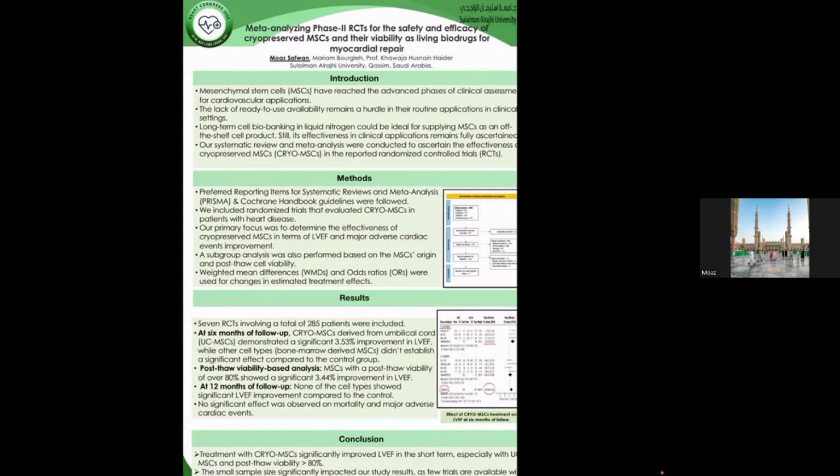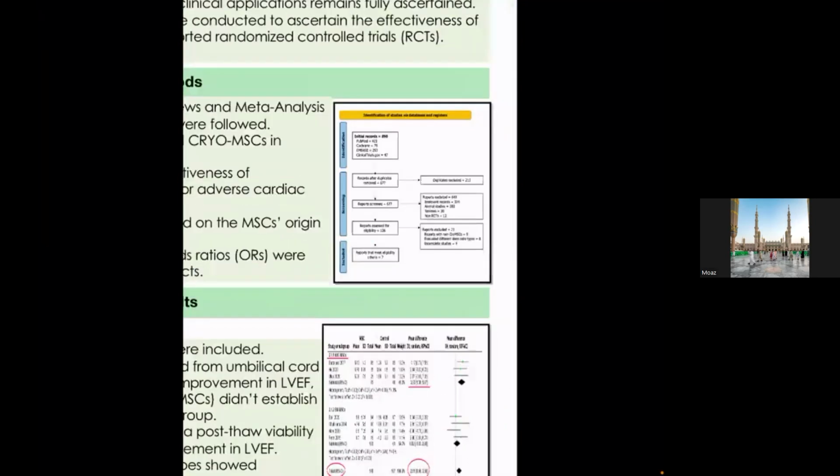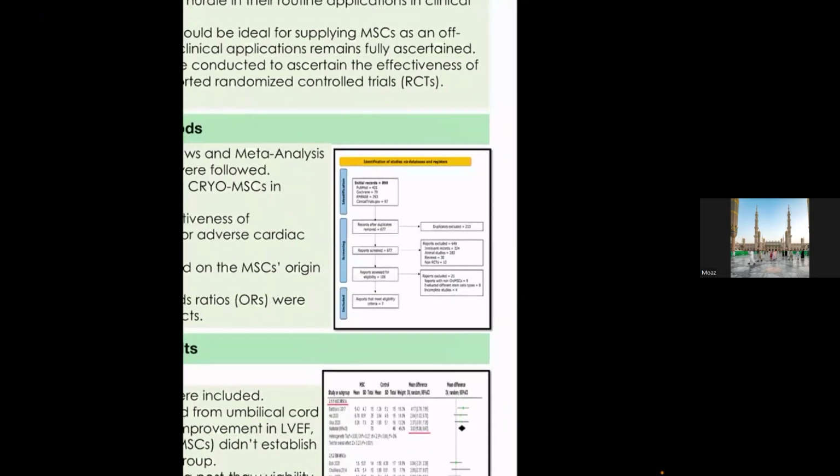And we also performed a subgroup analysis based on the post-thaw viability of mesenchymal stem cells. For statistical analysis, we estimated the weighted mean differences and odds ratios for the changes in the estimated treatment effects.